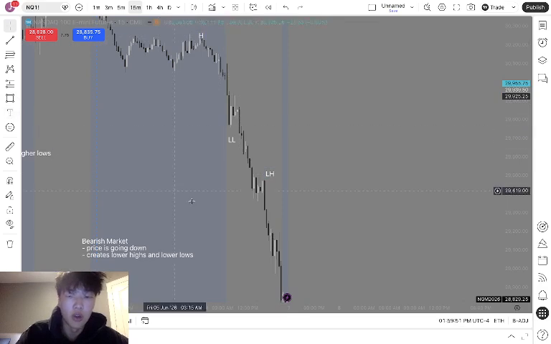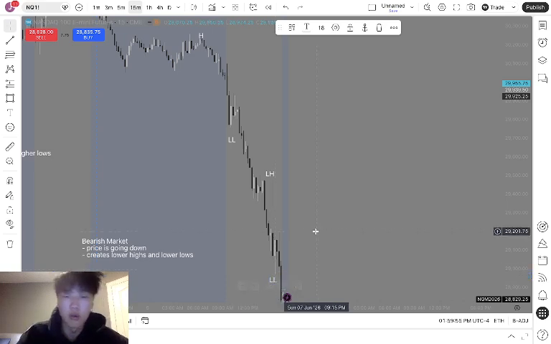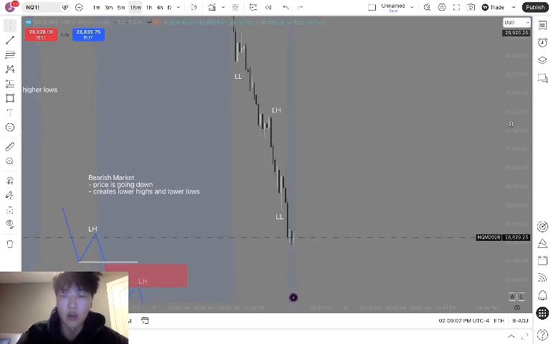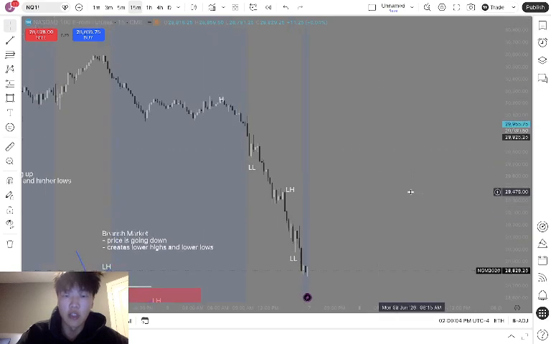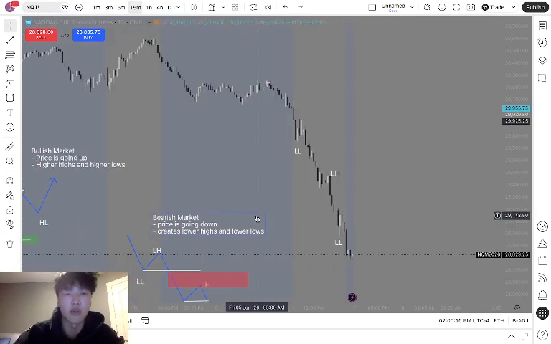And now that high created a lower low, because this low is lower than this one, and then this low is lower than this one, right? So this is just your typical bearish market here that we can see, which was the entire day on Friday, fully bearish.